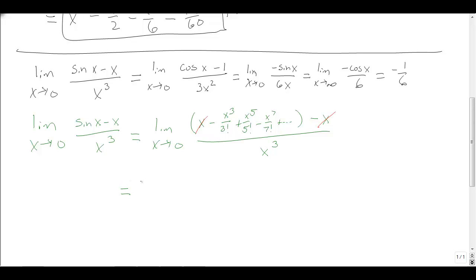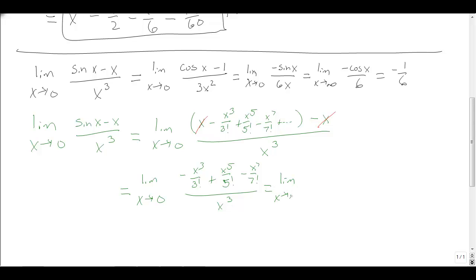And what I'm left with is a limit as x goes to 0 of negative x cubed over 3 factorial plus x to the 5th over 5 factorial minus x to the 7th over 7 factorial, all over x cubed. Then you can divide the top terms all by x cubed.